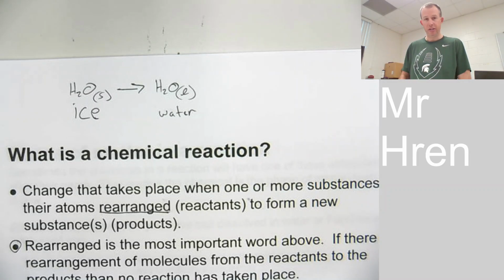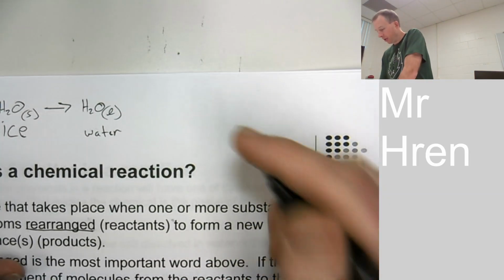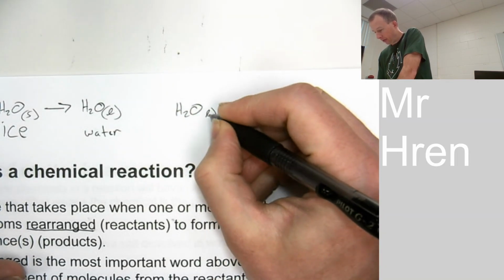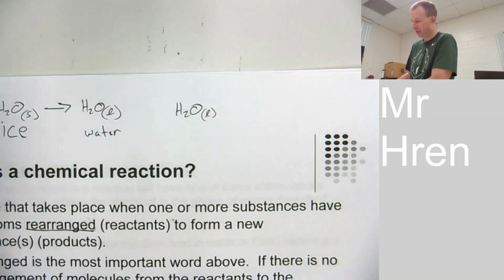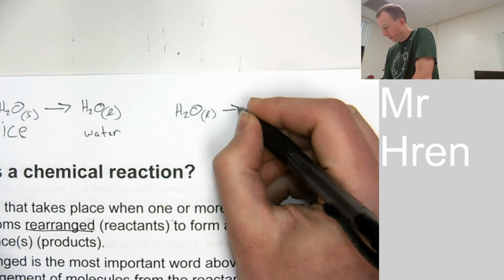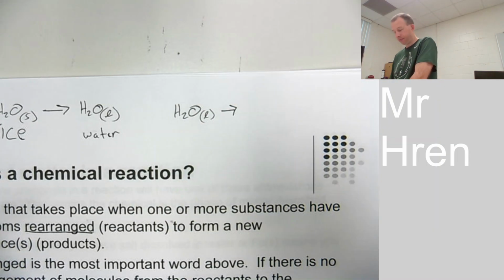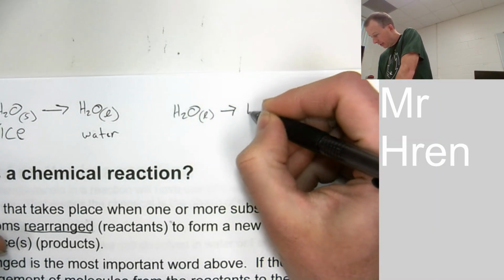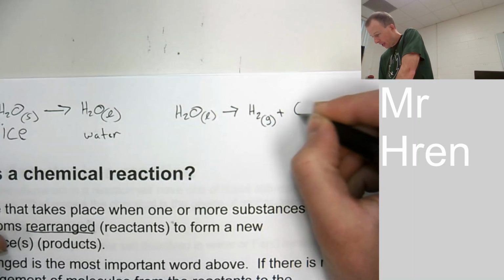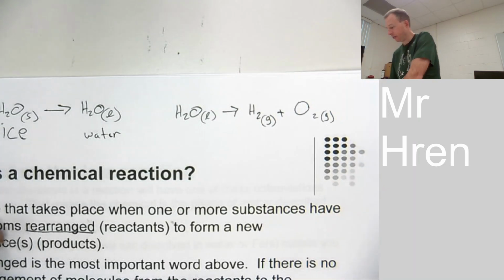A reaction is something that takes place. For example, let's say you have liquid H2O again. The liquid is less important in this example, I'm just trying to be consistent. And then let's say we have this little arrow, and we break this down into hydrogen gas and oxygen gas.